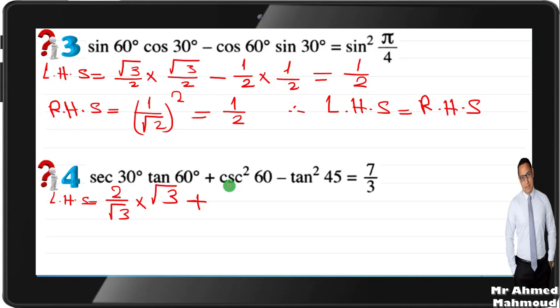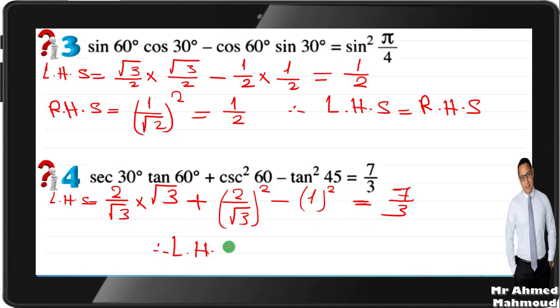Sec 60 equals 1 over cosine 60, which gives 2, and squared is 4, minus tan 45 equals 1, to the power of 2. This one equals 7 over 3. Therefore, the left hand side equals the right hand side.